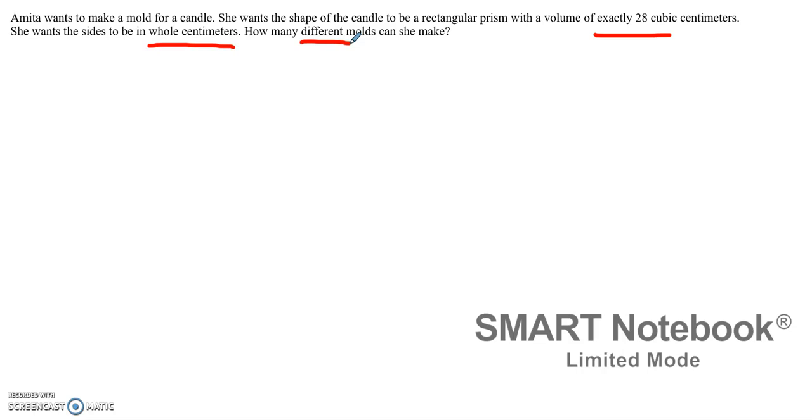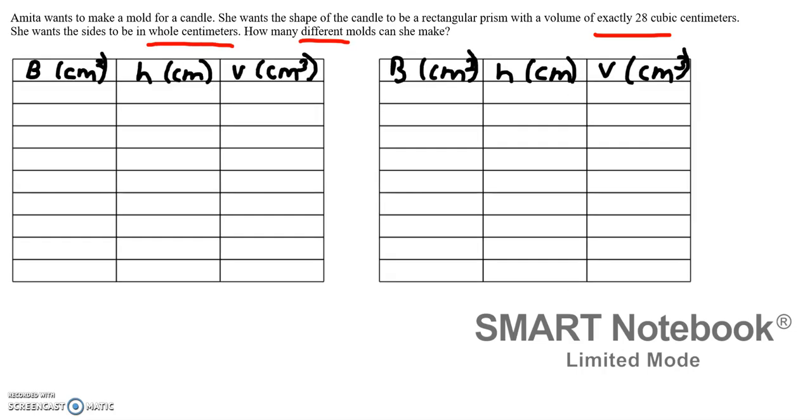If a pen's standing one way, and I move it sideways, it's still going to be the same pen, right? So we need to eliminate that. But before we can do that, we need to build a chart so that we have every single possible way written first. I'm going to pause the video to save some time, and I'm going to build the chart.